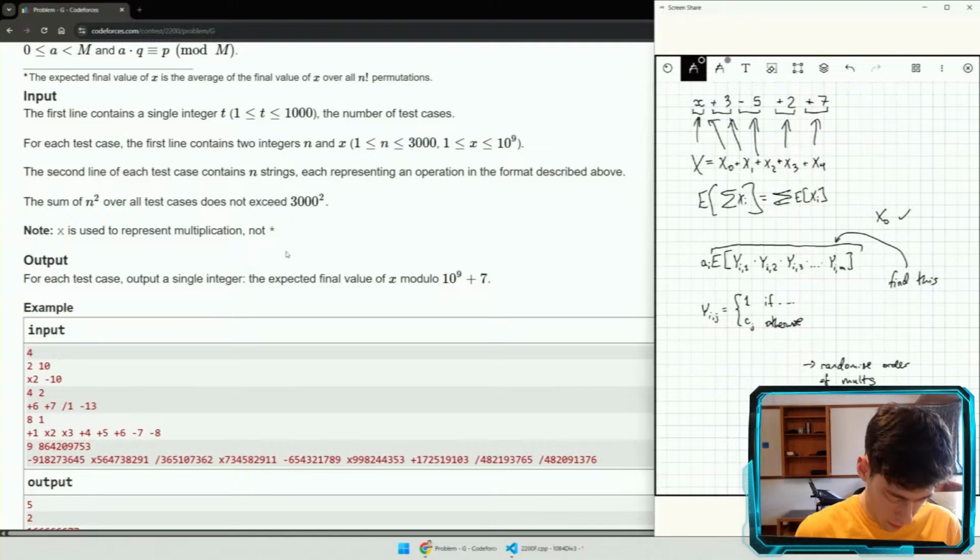Then you're taking the product of the random prefix. And what is the expected value of that?